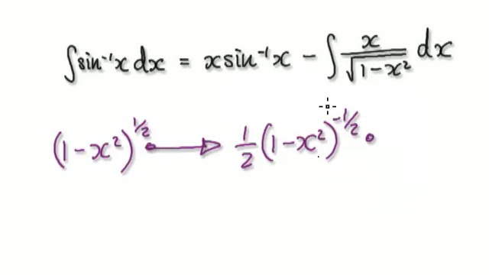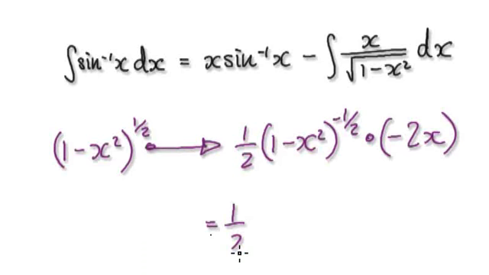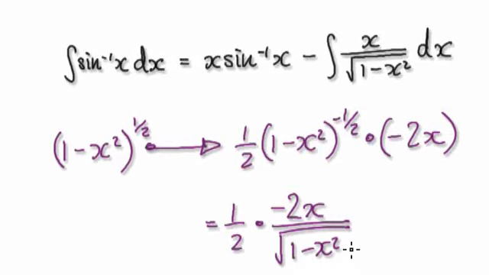Then you've got to times with the derivative of the bubble itself, which is minus 2x. If you tidy this up, it will give you a half, and then times minus 2x over 1 minus x squared.